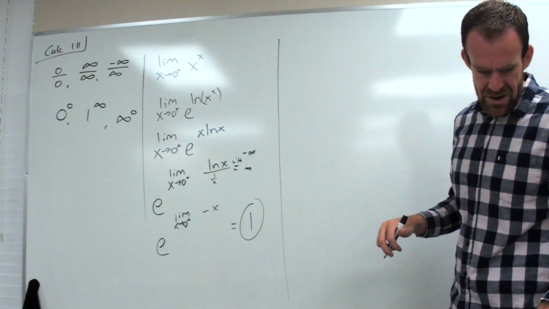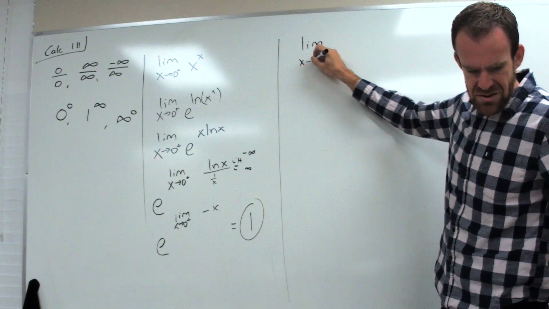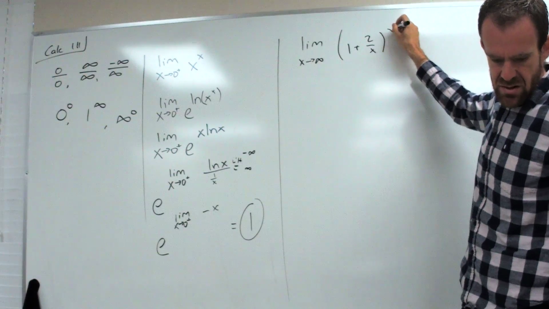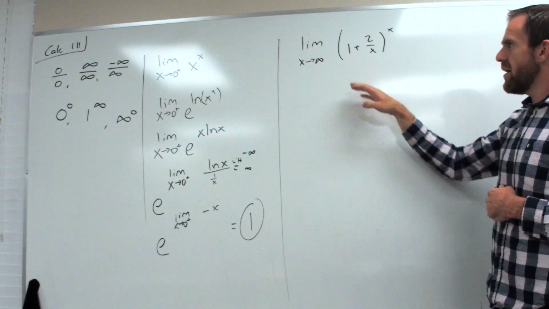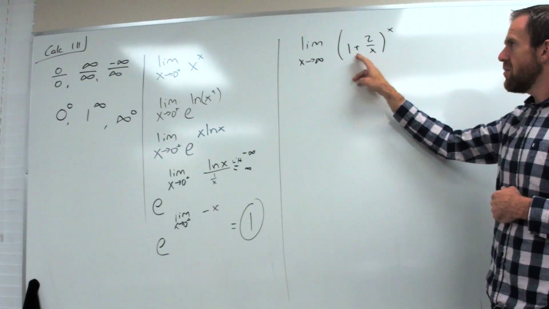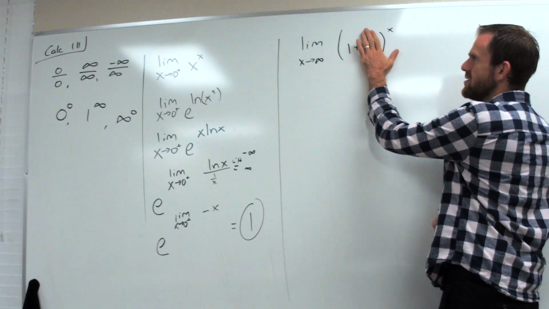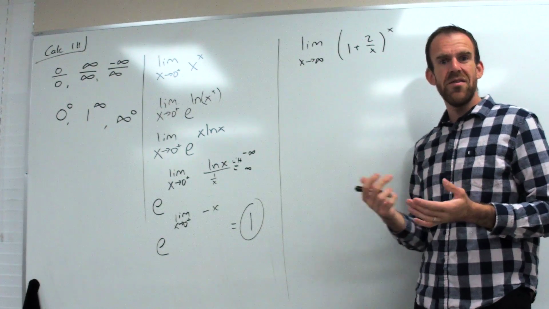We have the limit as x approaches infinity of 1 plus 2 over x to the x. Now, what's my issue here? Well, we have 1 plus something really small to a really high power. If I just add 1 to a really high power, I would kind of feel more comfortable just saying it's 1 and moving on.